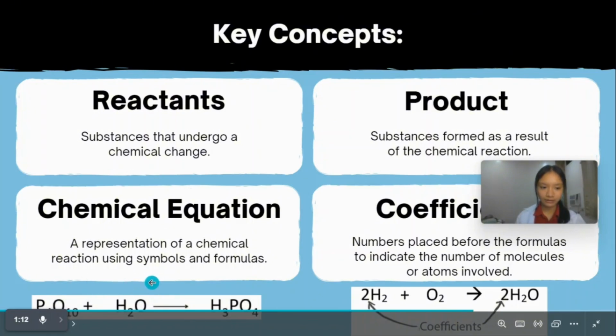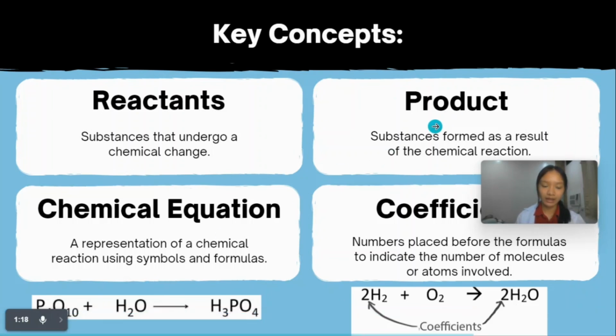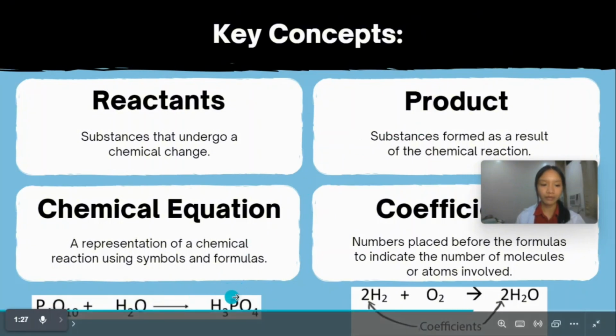the reactants. On the other hand, products are the substances that are formed as a result of the chemical reaction. In the same chemical equation, here, the product, which is phosphoric acid, is identified where the arrow points, usually on the right-hand side of the equation.